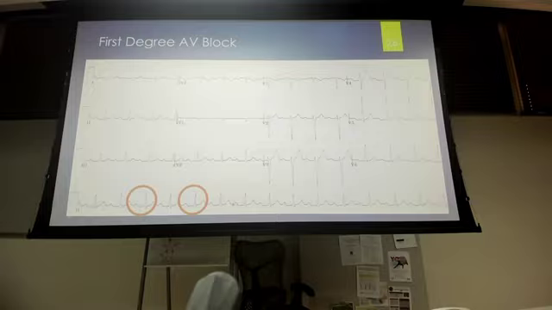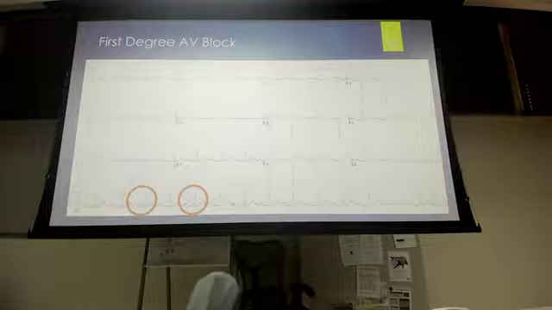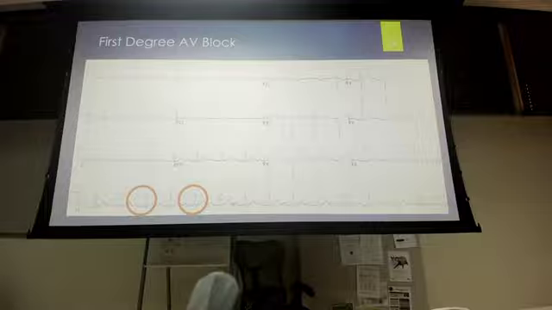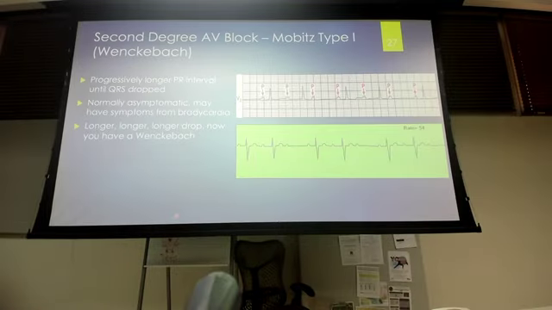So if you happen to see on an EKG a T wave, and there seems to be something right next to it, guess what? That might be your PR interval. Go look next to your QRS complex. If you don't have a P wave there, your P wave may be way back there next to the T wave because it's so prolonged. Here it's not that prolonged, just a little prolonged, about 6 boxes. All right, so that's first degree.